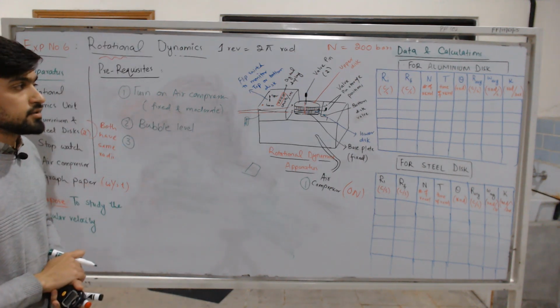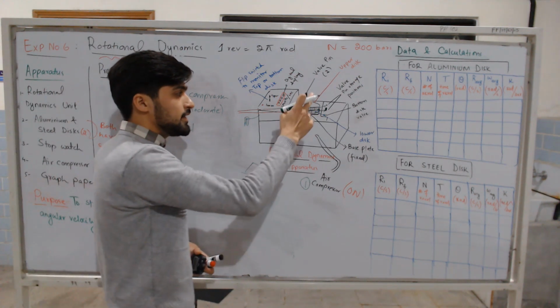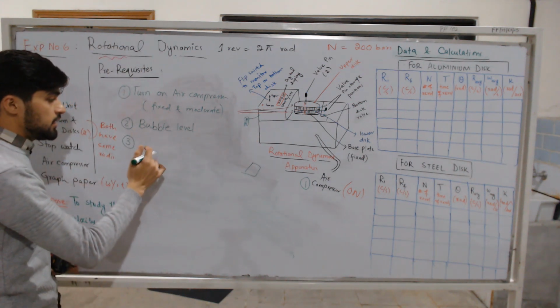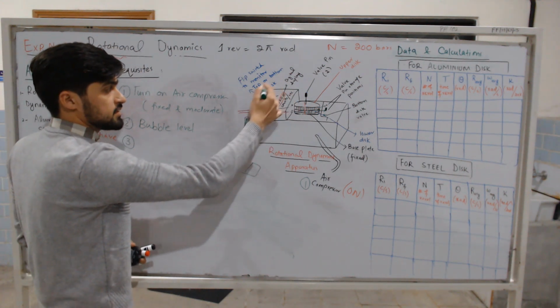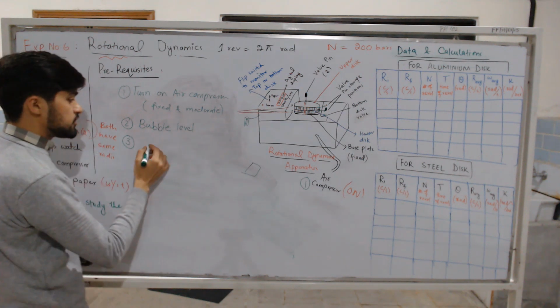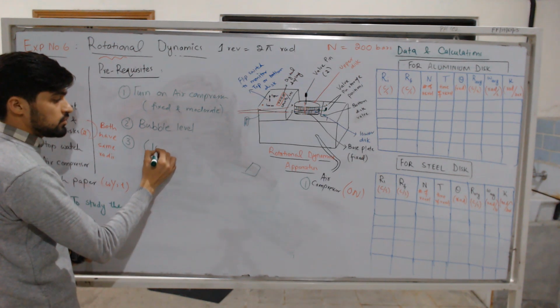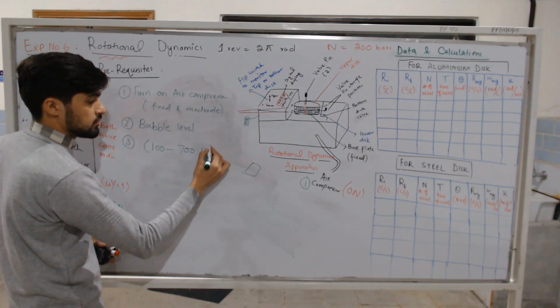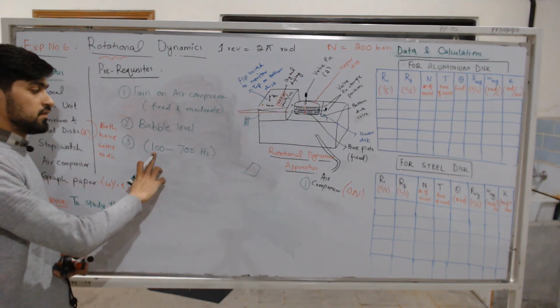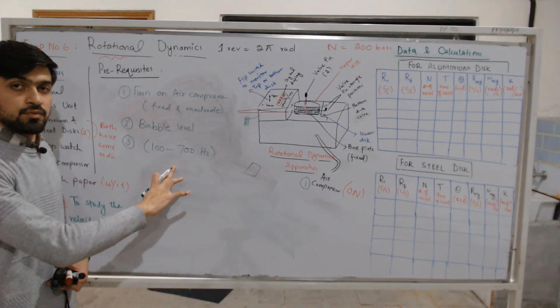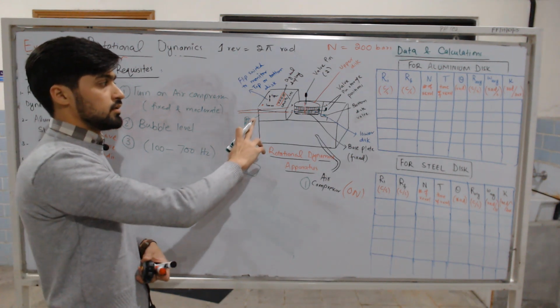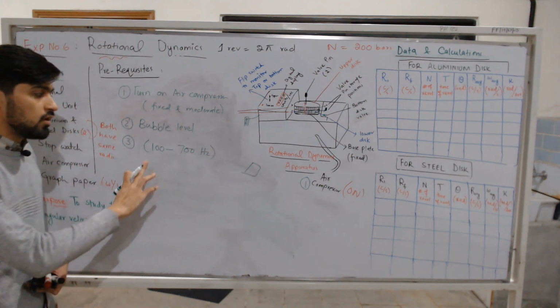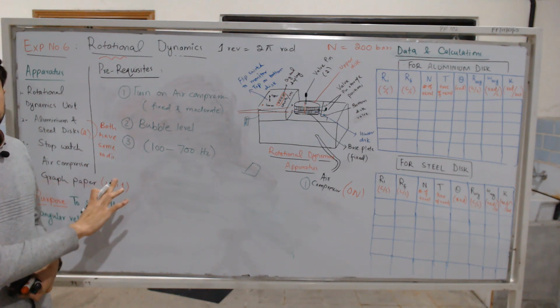Now the third part is you will rotate this slightly by your finger. Keep in mind that this optical reader only reads between 100 and 700 Hertz. Any reading above or below this value will not be reliable.